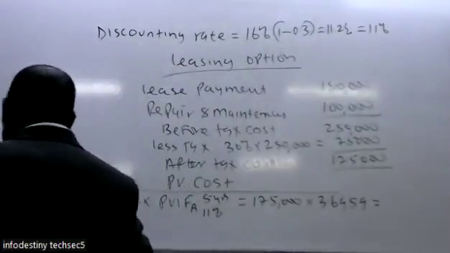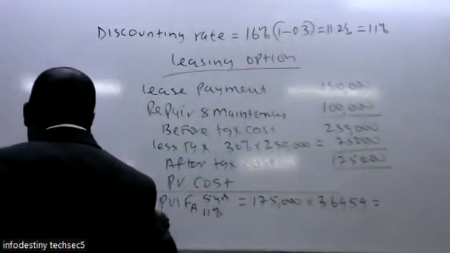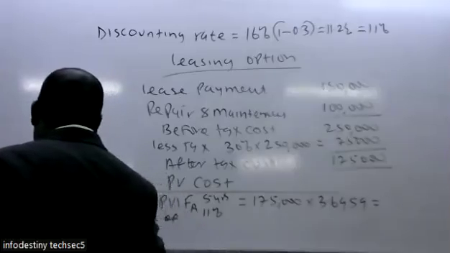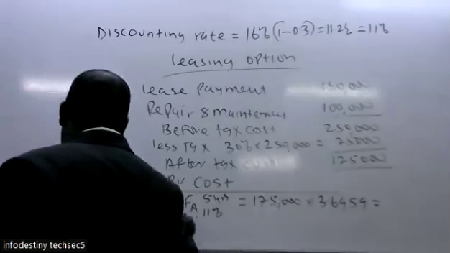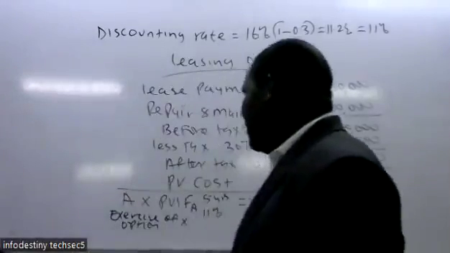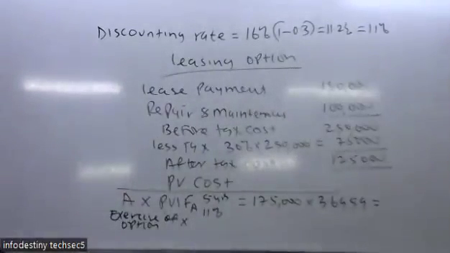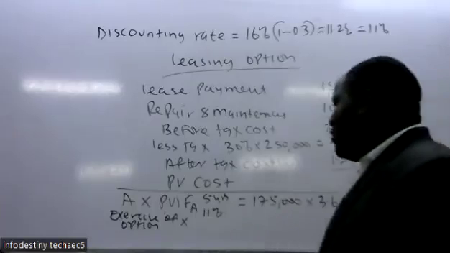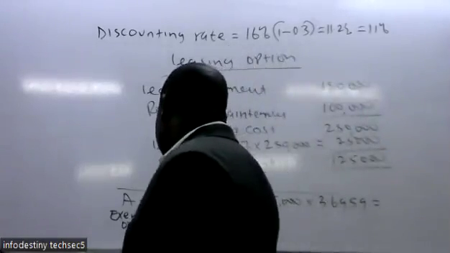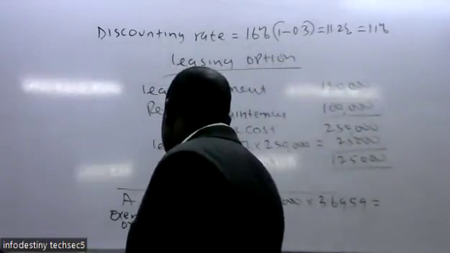This one will only occur once, so we discount it using the first table.